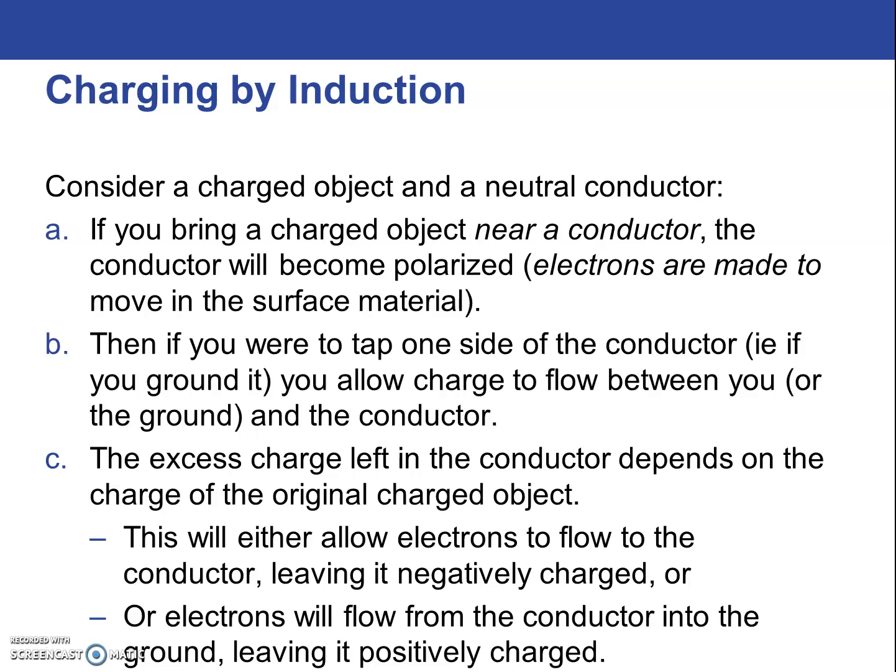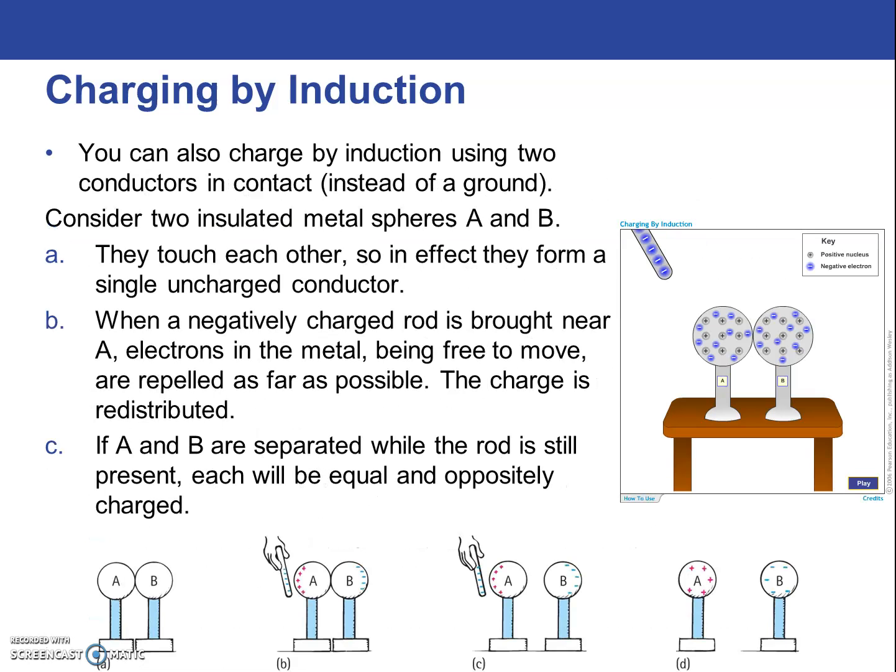Once I move the charged rod and myself away, the charges redistribute throughout the conductor, and since it pulled electrons out of me, it now has more electrons than it has protons, or positive charges, and therefore is now negatively charged.